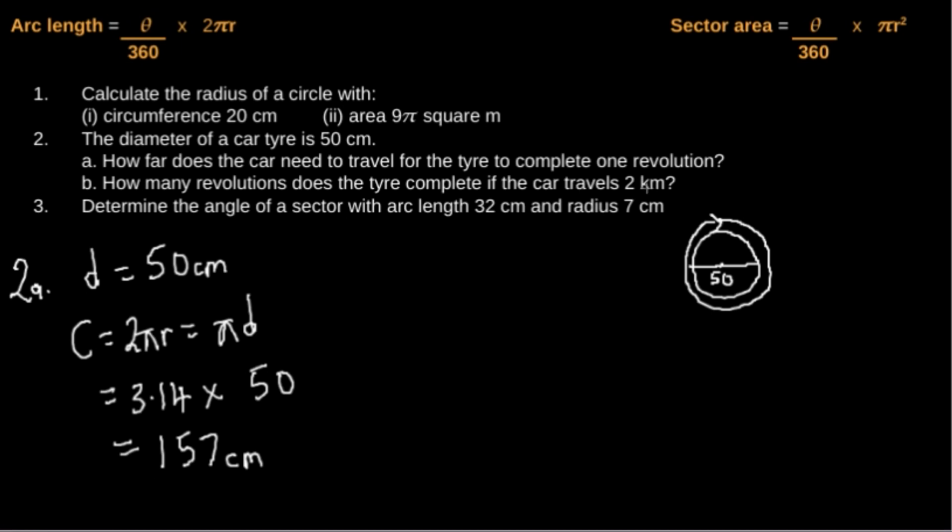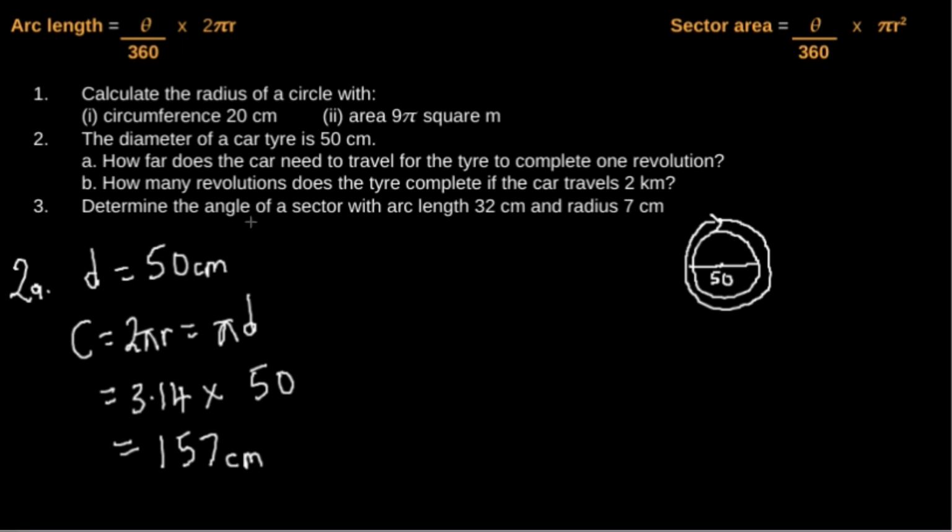So either you turn 2 kilometers to centimeters or 157 centimeters to kilometers, so that the two distances have the same units, and then you find out how many of the one revolution distance you can remove from 2 kilometers to figure out how many revolutions the tire will complete if the car travels 2 kilometers. Okay, I hope that explanation was detailed enough to help you work that out.